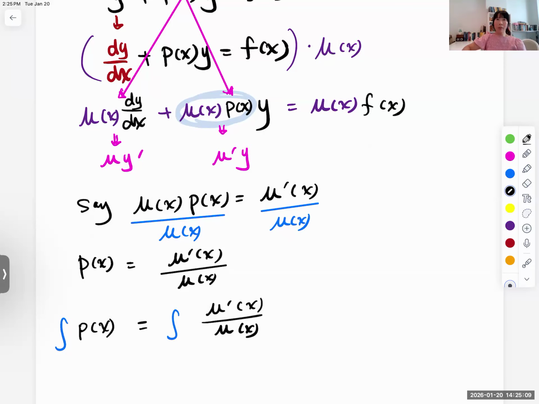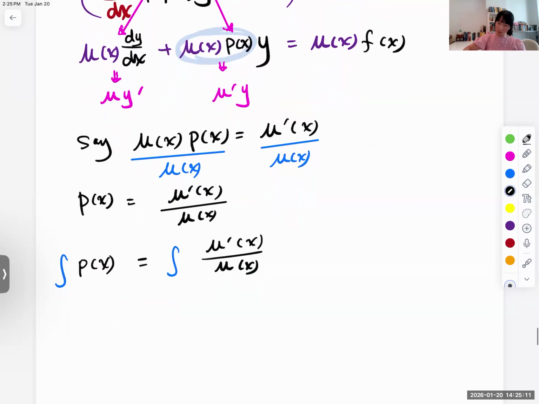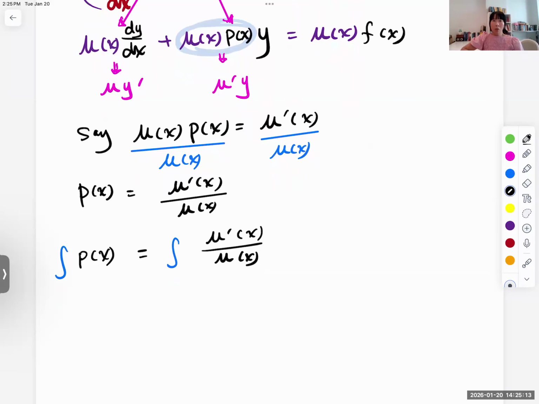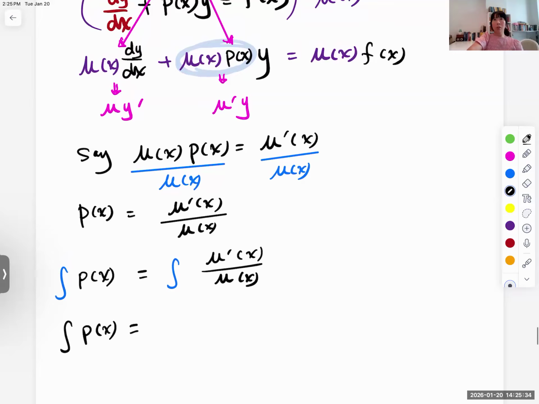Now, what do you get for this one? Think about this one. On the left side, we can use p of x as it is. Then on the right side, we will have... Once I want to integrate, I want to make a dx.